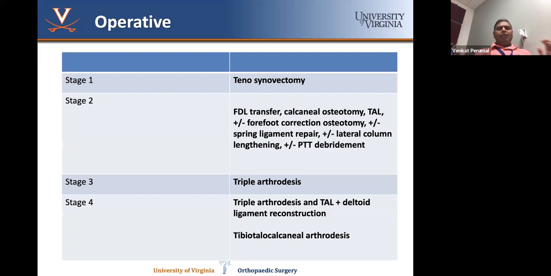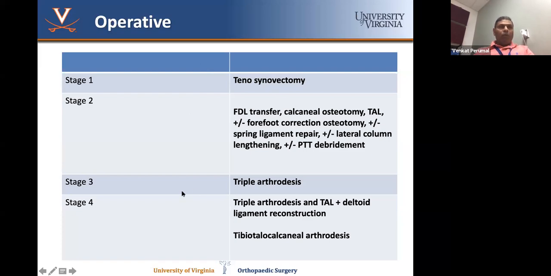So what is the operative treatment if non-operative options fail? The operative option for stage 1 is a tenosynovectomy. Usually we don't see this stage; it's very rare to see just a tenosynovitis stage 1. Stage 2, if there's a flexible flat foot deformity, we can do osteotomies and tendon transfer to correct the deformity.